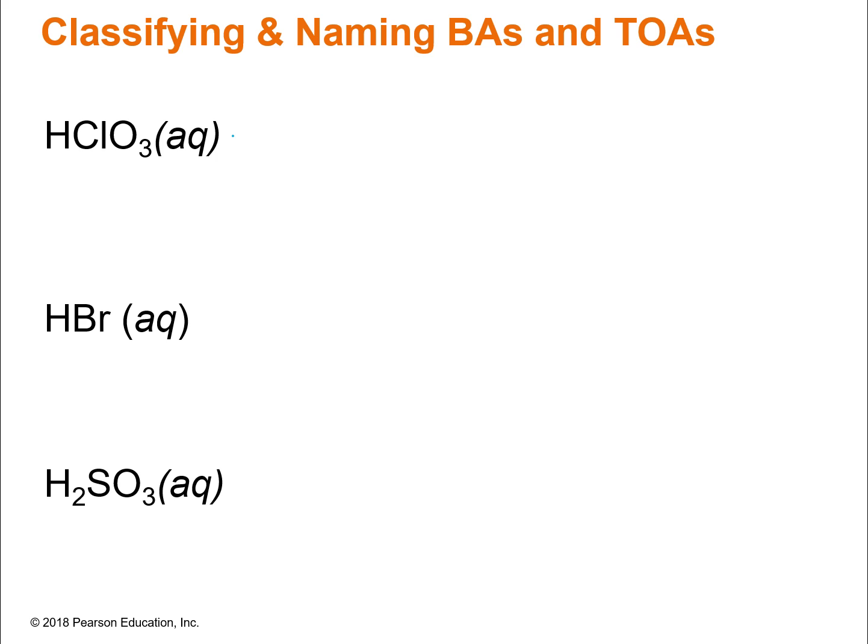So this first one, we've got hydrogen plus a polyatomic anion. So that's going to be a ternary oxyacid. Now I know what rule set I need to use. I'm going to find this ion on my sheet.